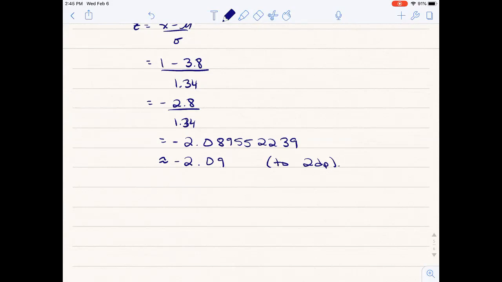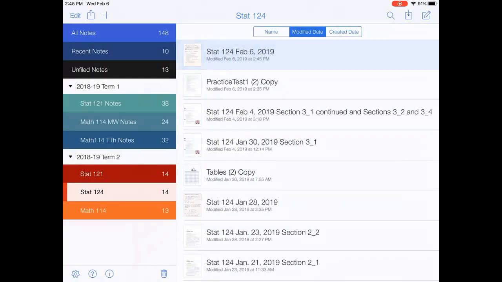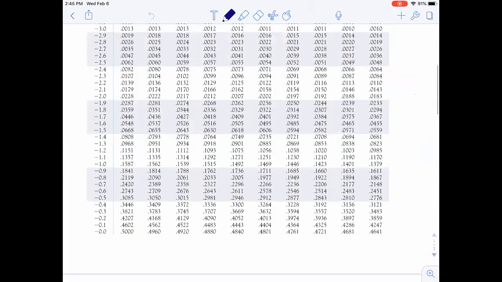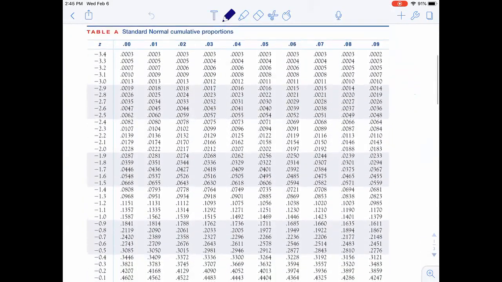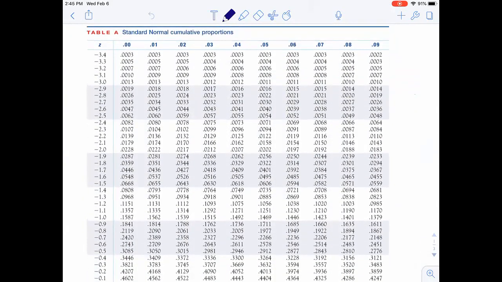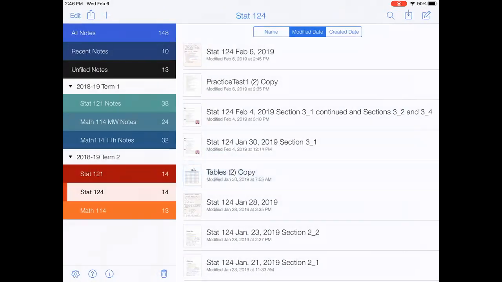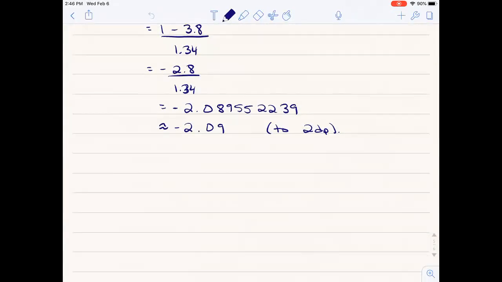Now again, we'll go to the Z table. Now we're on the negative side, right? So negative side for Z, our whole number is negative 2 and then 0.09, so negative 2.0, and then 9's way over here. Let's go over here. 0.0183 is the area to the left. Unless my eyes skipped around, but it sounds kind of familiar.